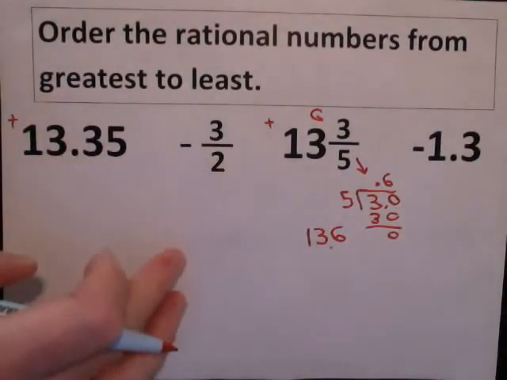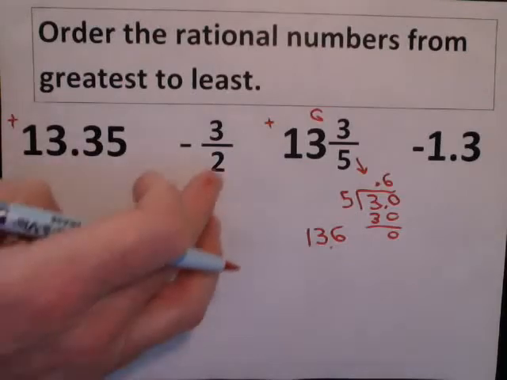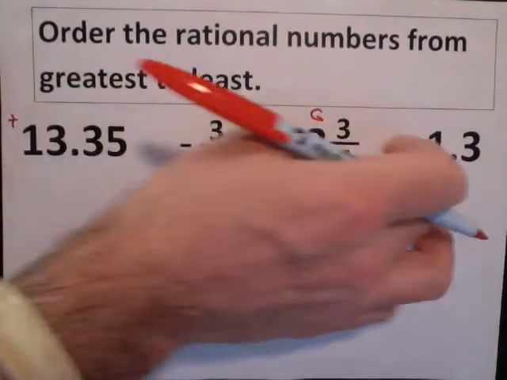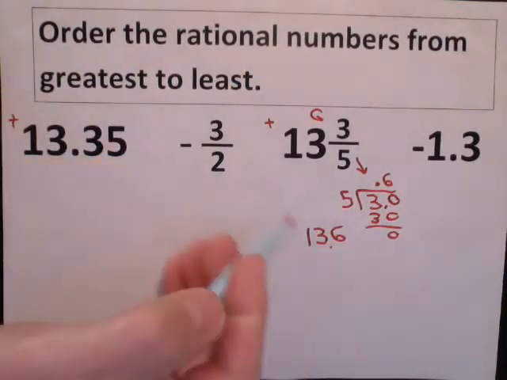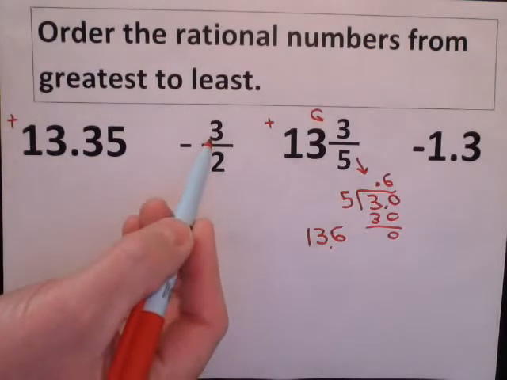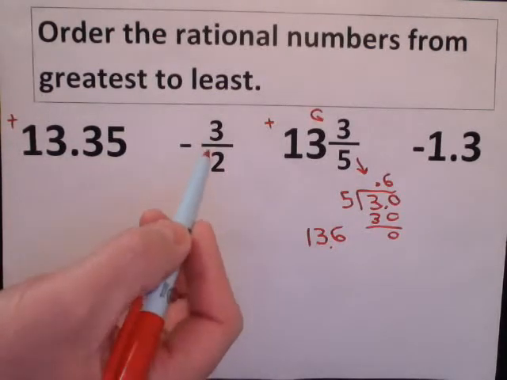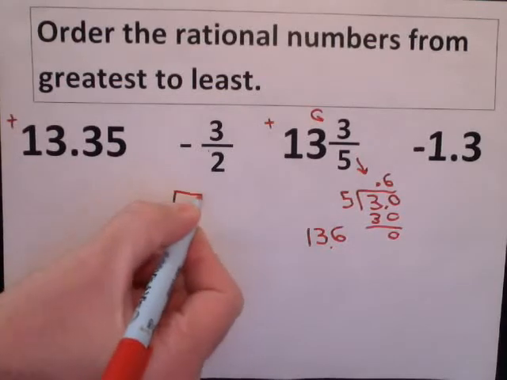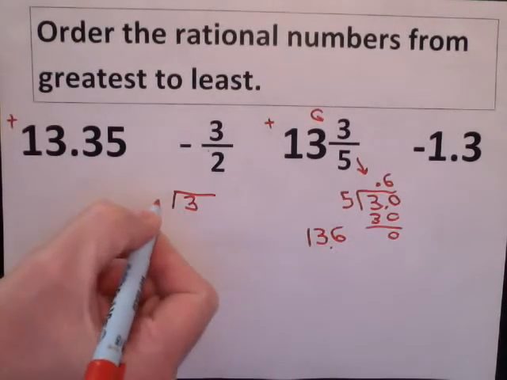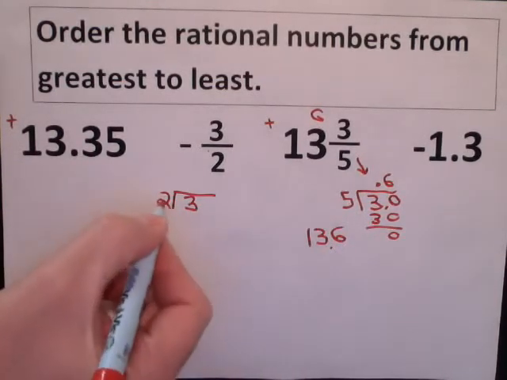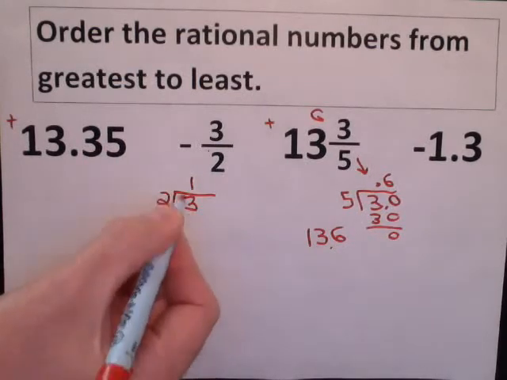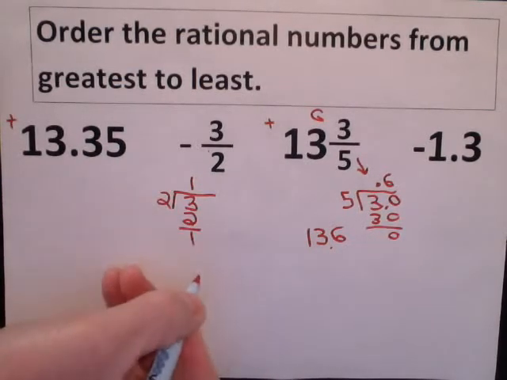Alright, now what we're going to do is compare, again, these two. Now, what's nice is we can see that this is going to give us a mixed number. So if we do the division for 3/2, we put the 3 in here, and 2 out here is our divisor. 2 will go into 3 one time. Multiply, subtract.